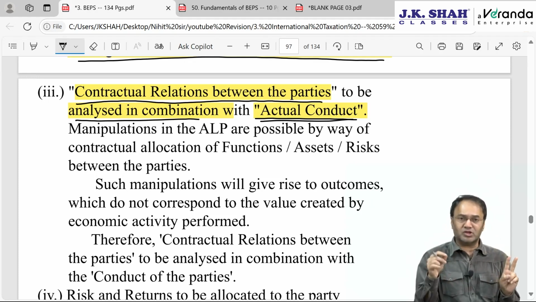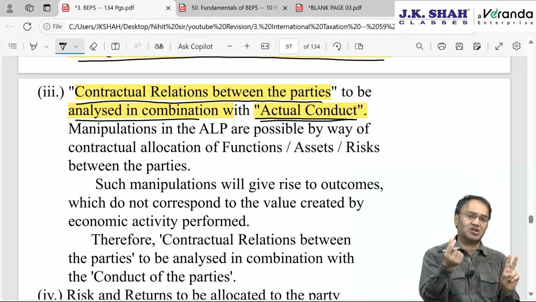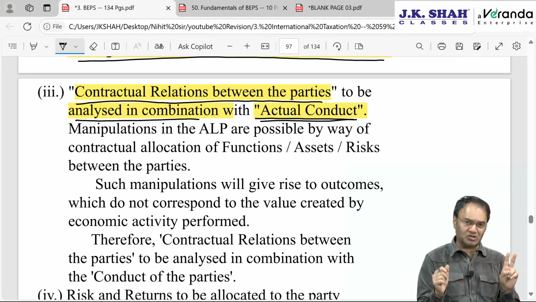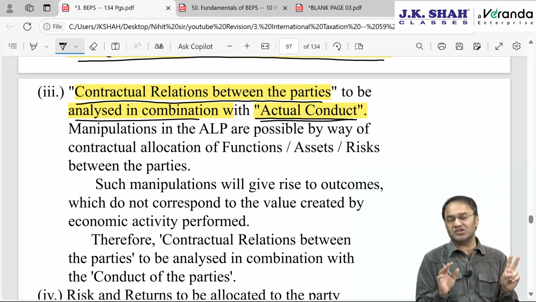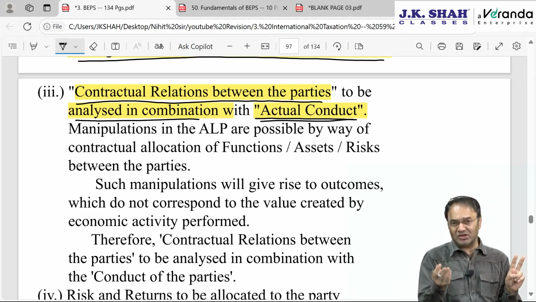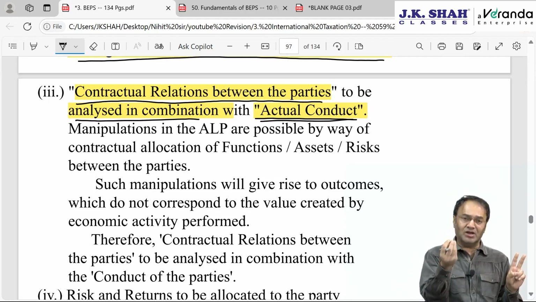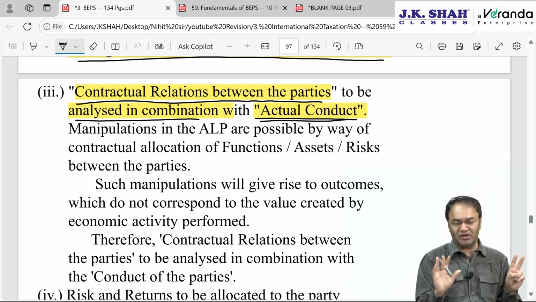Secondly, the person who is bearing the risk as per contractual agreement, whether he has a financial capacity to bear the risk or not. Say for example, in our given transaction, risk involved is to the tune of 5,000 crore worth of Indian rupees. The risk amount could go up to 5,000 crore rupees. But the person who is bearing 98% risk, Y Limited's net worth is 5 lakh rupees in terms of Indian rupee.